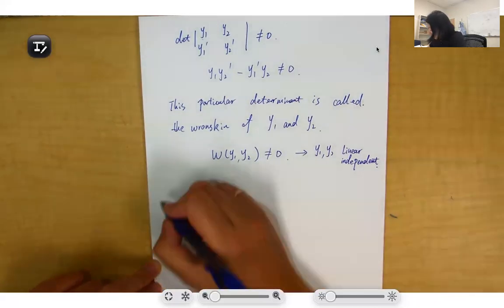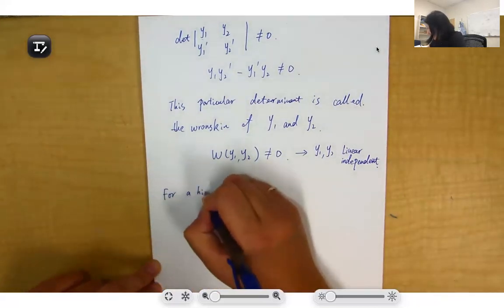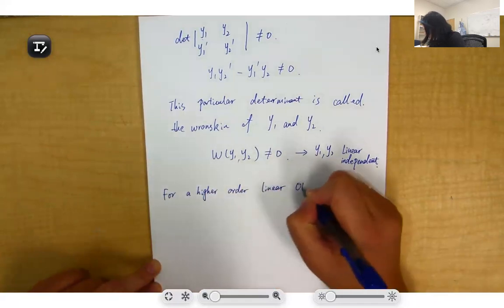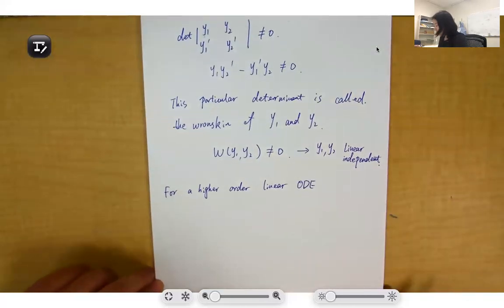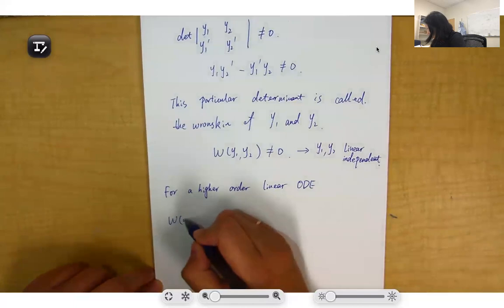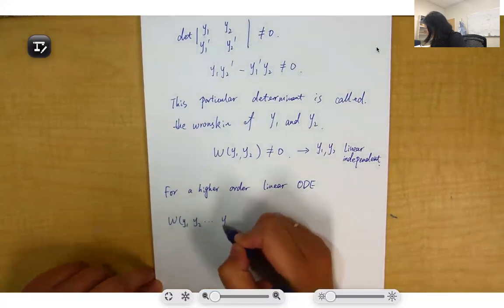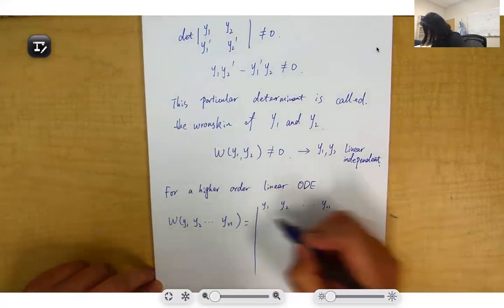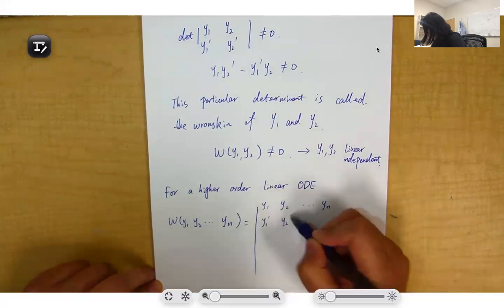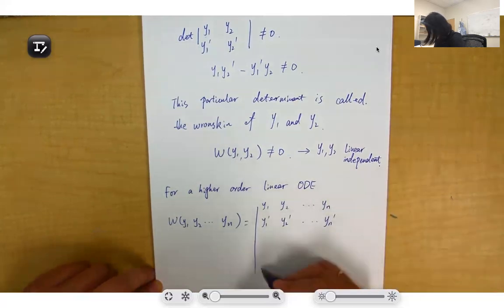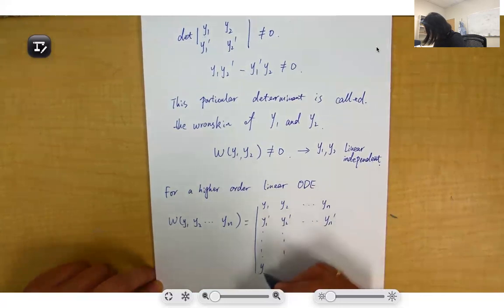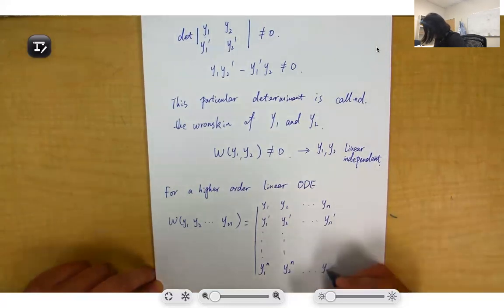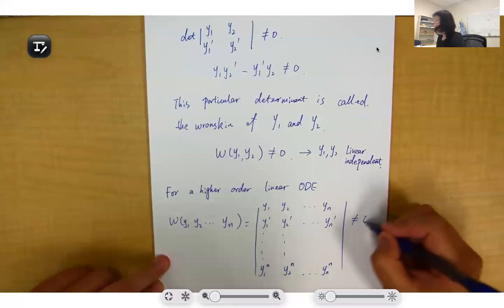And for a higher order linear ODE, the Wronskian matrix can be written in higher dimension: y1, y2, dot, dot, dot, to yn, then y1 prime, y2 prime, dot, dot, dot, yn prime, up to y1 to the (n-1)th derivative, y2 to the (n-1)th derivative, dot, yn to the (n-1)th derivative, and this won't be equal to 0.